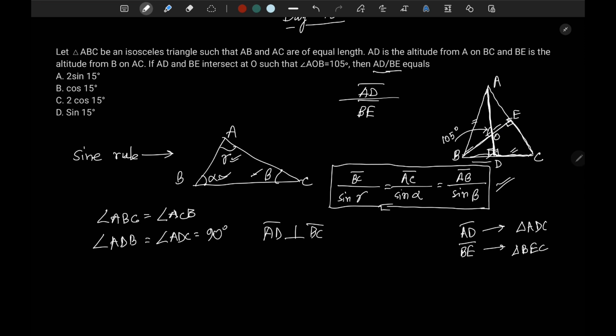And as we have already mentioned that triangles ABD and ADC are congruent, D is nothing but the midpoint of side BC. So we already have a relation between CD and BC: BC equal to 2 into CD, or 2 into BD. That's why we have taken BEC and not ABE.